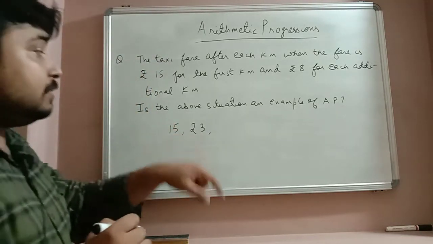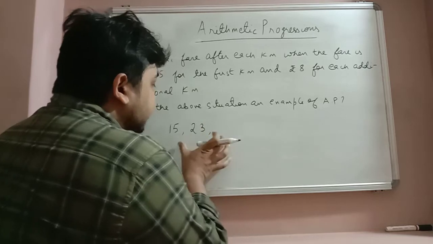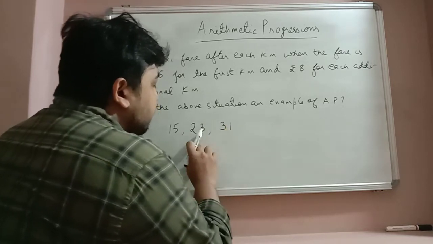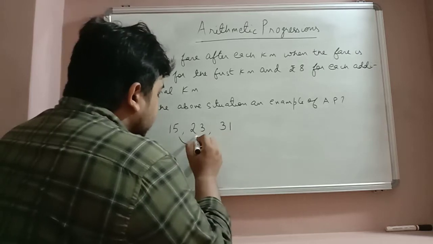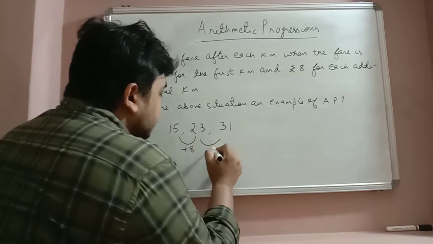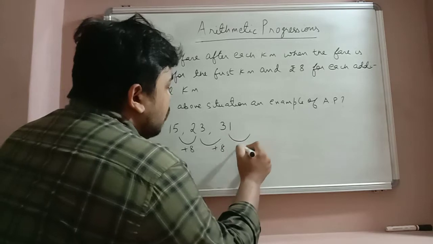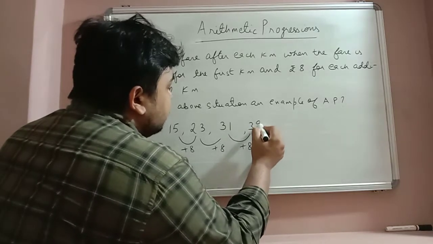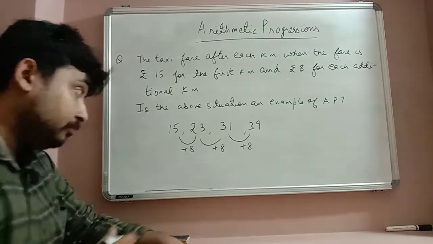And for the next kilometer, if I travel for 3 kilometers, my fare would be 23 plus 8, that is 31. So there is a plus 8 here, plus 8 here, and so on. It goes on with a plus 8. Next term will be 39.